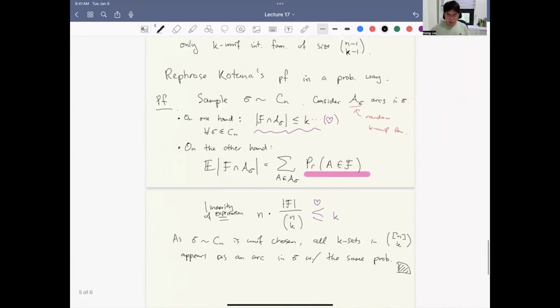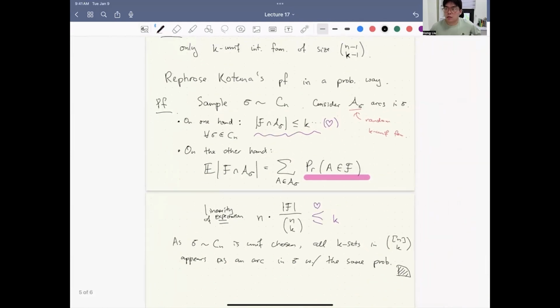So I want to write it in this probabilistic way because it gives us a recipe, a way of upper bounding a family, a collection of discrete objects, in this random way, probabilistic counting. So let's abstract what's behind this proof.